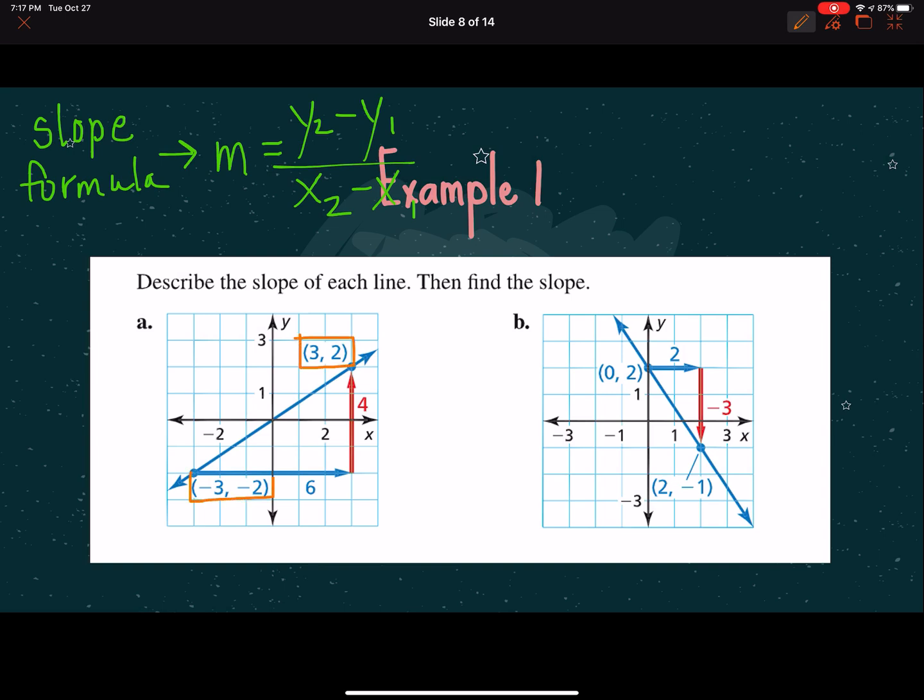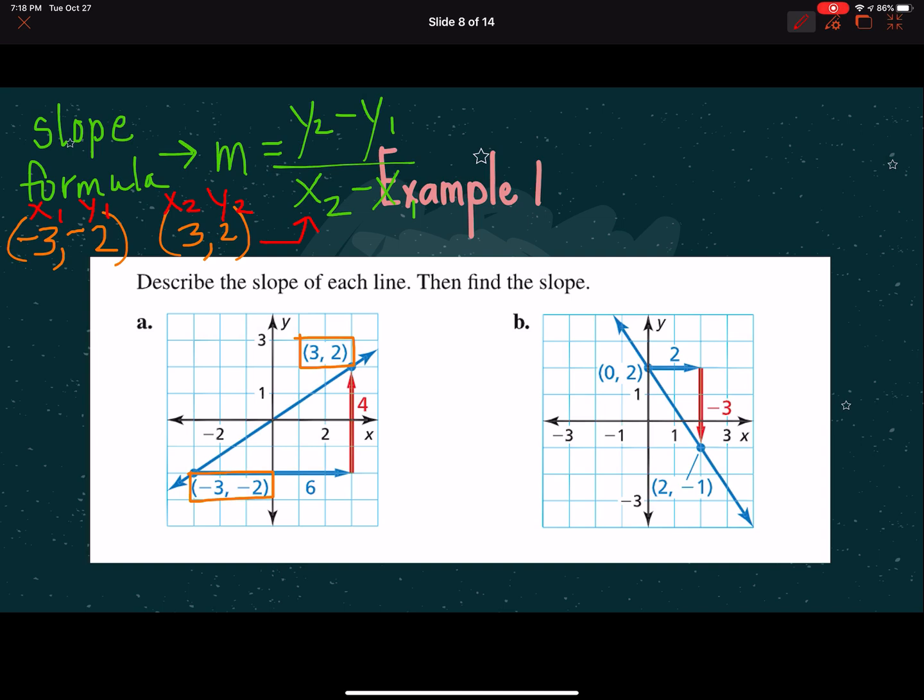So let's look at our ordered pairs here that we have. We have a -3, -2, and we have a 3, 2. So if I took this first ordered pair, -3, -2, and I took my next ordered pair, 3, 2, and I labeled those x1, y1, x2, y2, I could substitute them into the formula and calculate my slope.